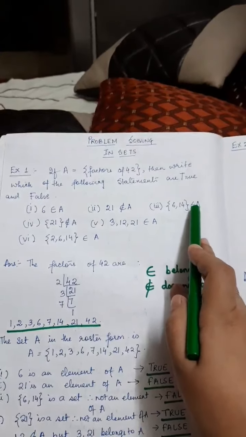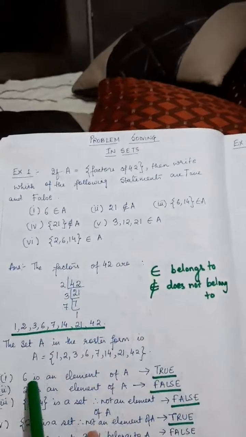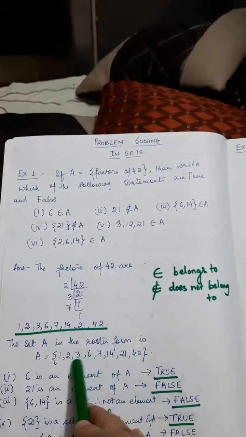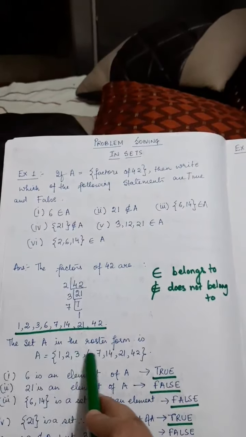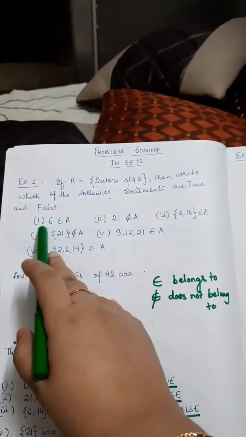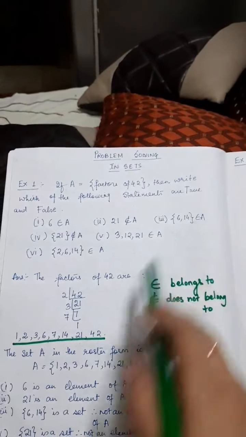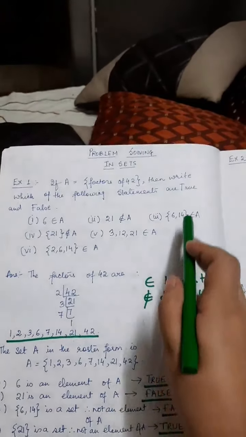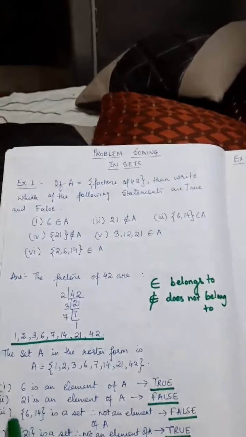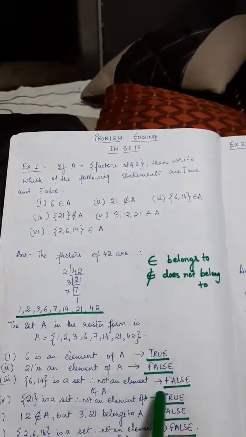It does not belong to A because A is already a set. These are all the members of set A. So whenever you write the members, remember, members will be written like this. This is actually a set, but set A is fully this. So 6, 14 is a set. So it's false.